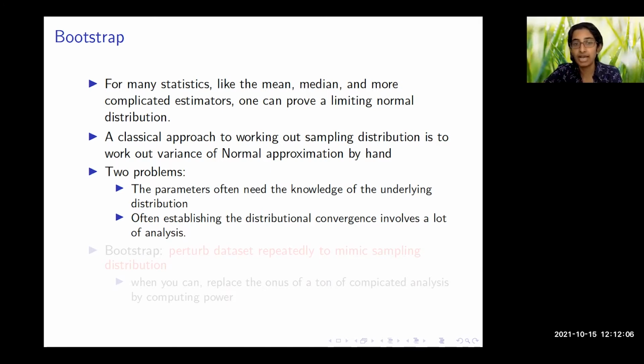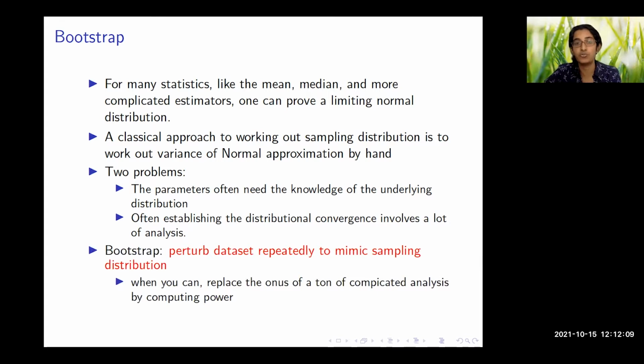So the idea of Bootstrap is you perturb your data set repeatedly to mimic the sampling distribution. Okay? You pretend as if you are drawing many samples from the underlying distribution, but really you are just doing that from the one data set that you are given.